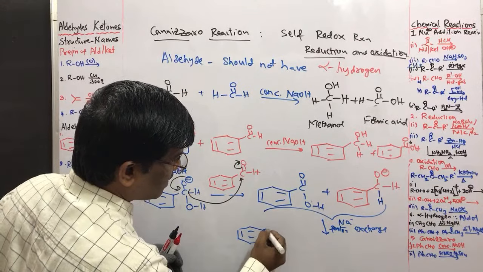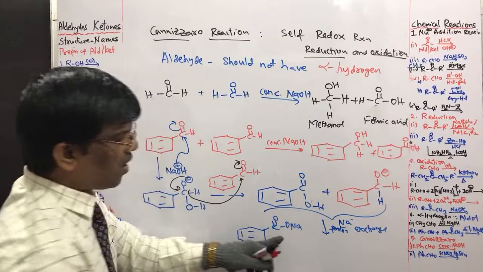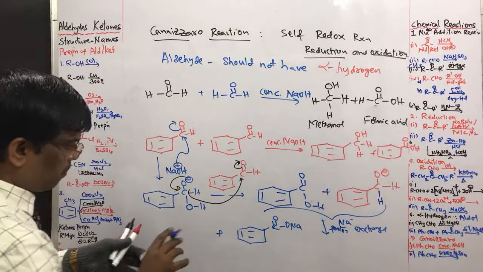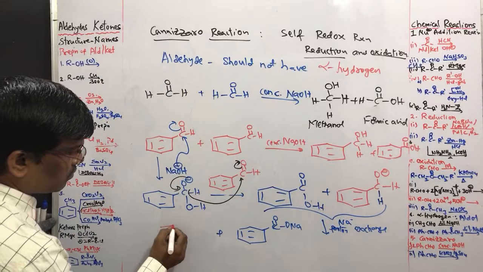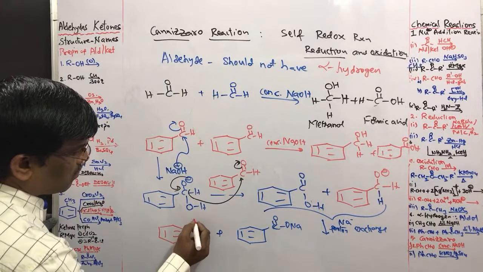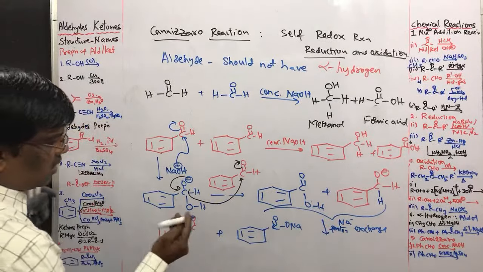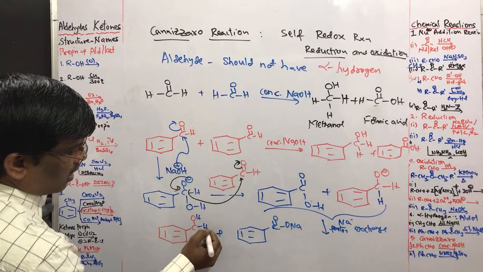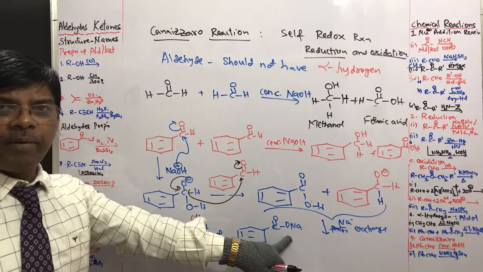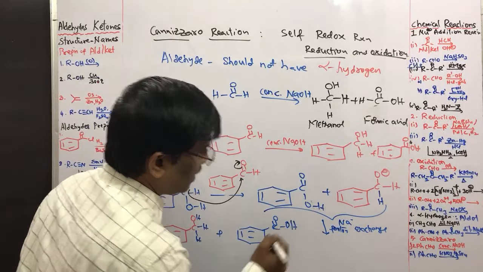When I add acid, H plus ions, it gives the acid salt form, the sodium salt form, and this alcohol. This O takes up the proton from the acid to get this alcohol, and when I add H plus ions, this takes up the H plus to give the acid.